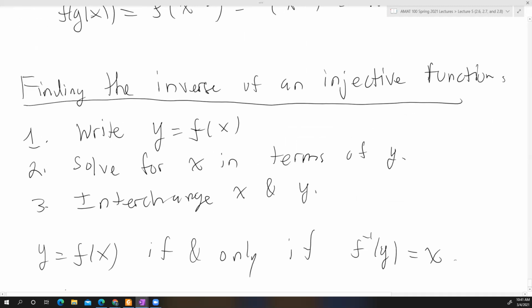So if you have this equation right here, you can solve for x in terms of y. And when you do that, you'll get something like this, and then this will tell you what the inverse is. But you just have to follow these 3 steps. So let's look at an example of this.